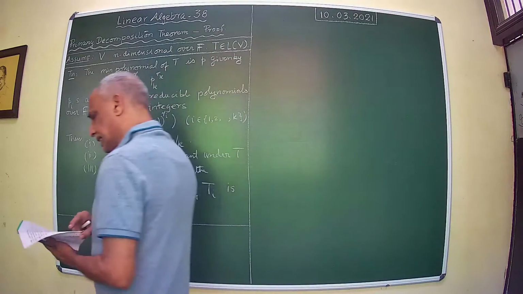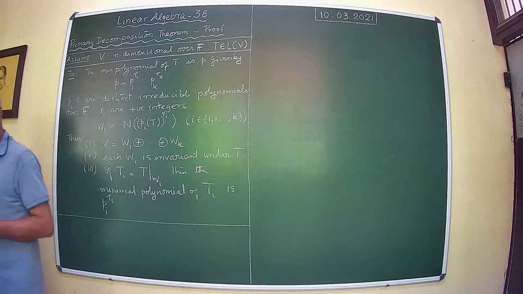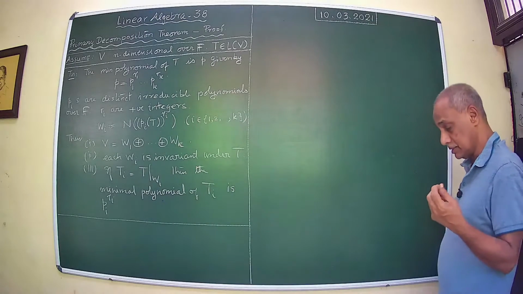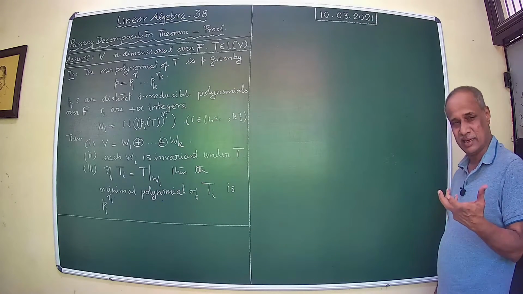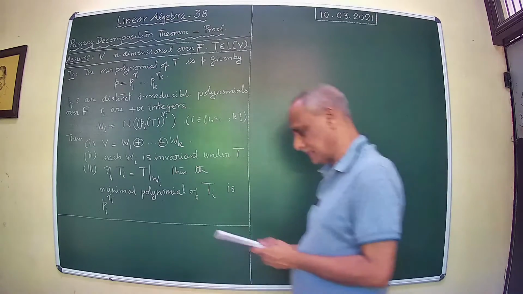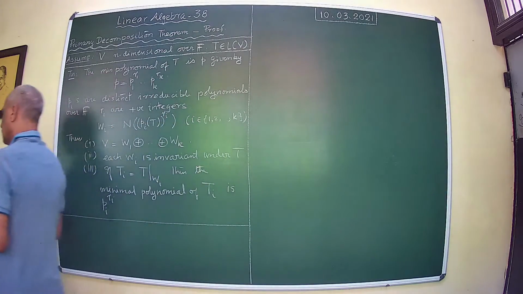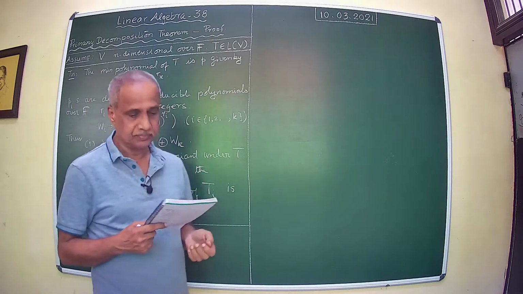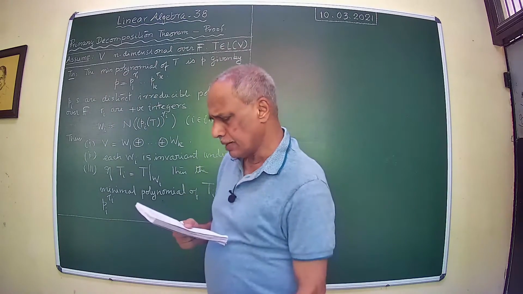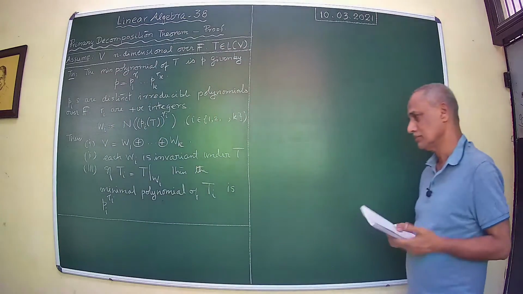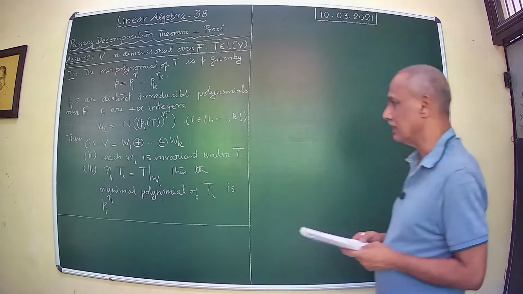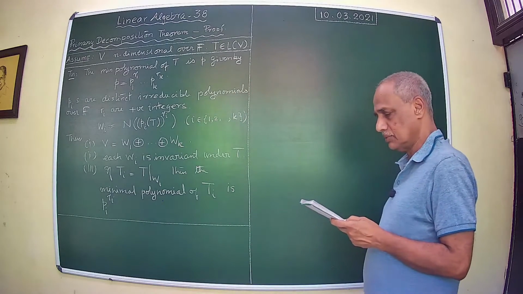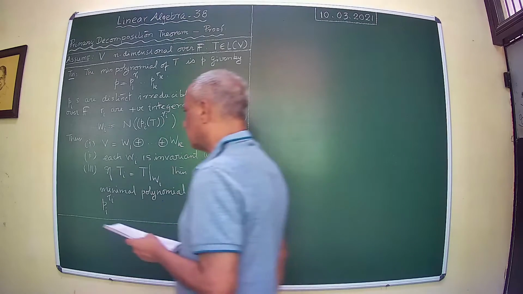The strategy is essentially to take advantage of a theorem available in number theory as well as in polynomials, that is splitting 1 into a sum of polynomials associated with the minimal polynomial. This is the strategy of the theorem. So we first take up the proof of the theorem.